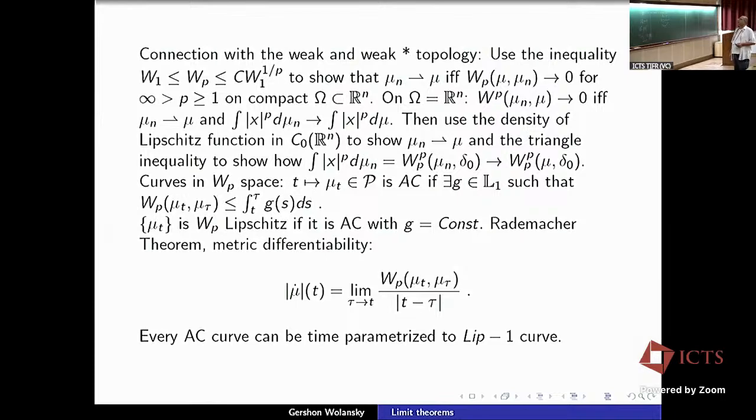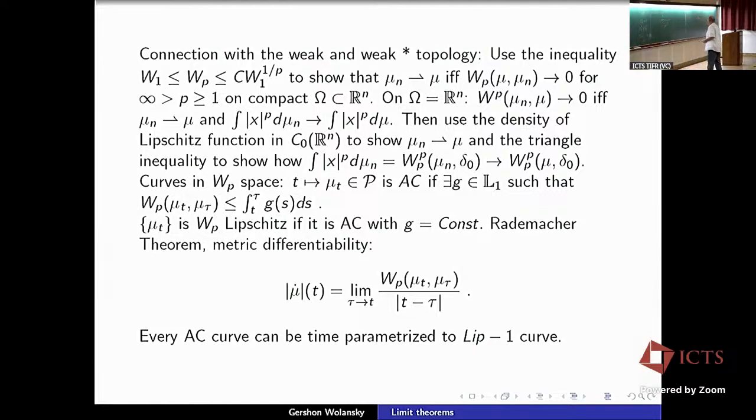And for the other inequality, because we assume the set omega is compact, this is going to be something like the diameter, so x minus y to the p is smaller than some constant times x minus y, if the domain has finite diameter. So it's enough to show it for W1. W1 is a metrization of the weak star topology. W1 has a very special dual representation.